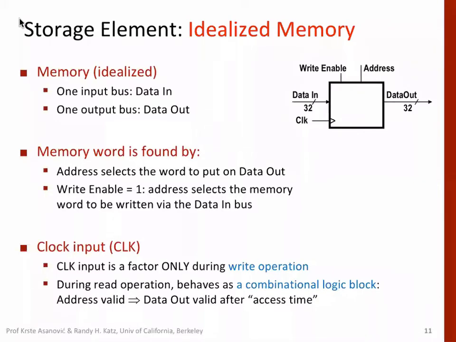We are not looking at what kind of registers are there inside memory, like the memory address register and memory data register, MAR and MDR, etc. So we are not going to look at that.